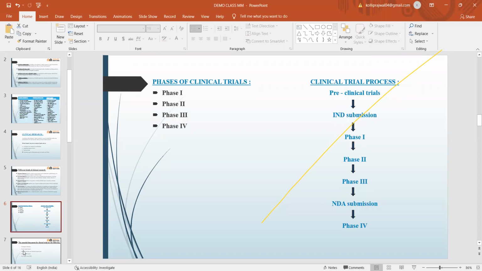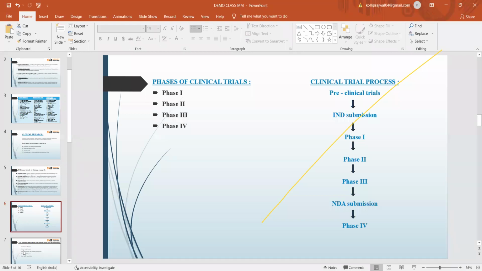Now, the clinical trial process. Here I have outlined how this clinical trial process flows. Before testing any kind of drug on humans, we are going to test that drug on animals.